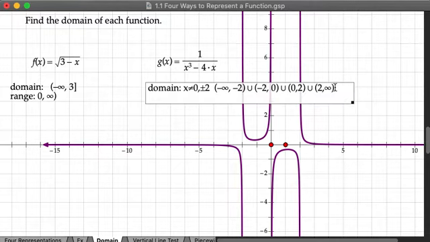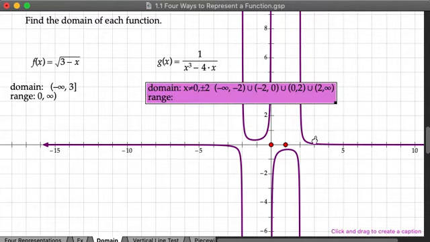And then the range, I am just going to look at the graph for this. Looking at the graph, this graph seems to cover all of the y coordinates except for y equals 0. And sure enough, there's no way to get a 0 output from division unless I have a 0 in the numerator, but I have a 1 in the numerator.